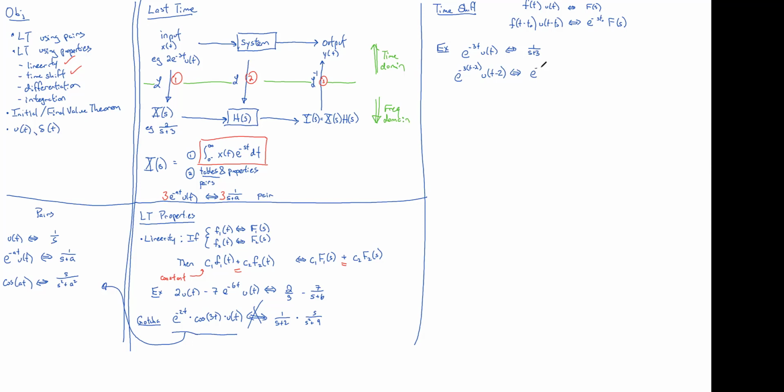Now it's e to the minus 2s times the original transform. It only works if every place you see a t, you can replace it with a t minus t naught.